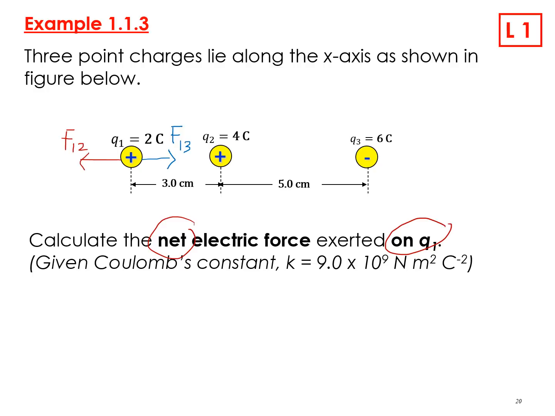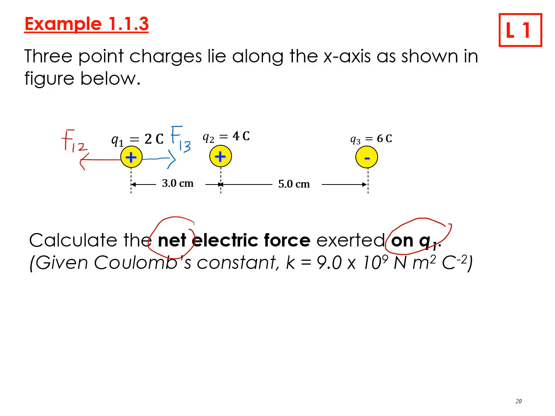So if you look here, the direction of the electric force acting on Q1 is a little different from when we focused on Q2 in the previous example. We have F13 moving to the right and F12 moving to the left.